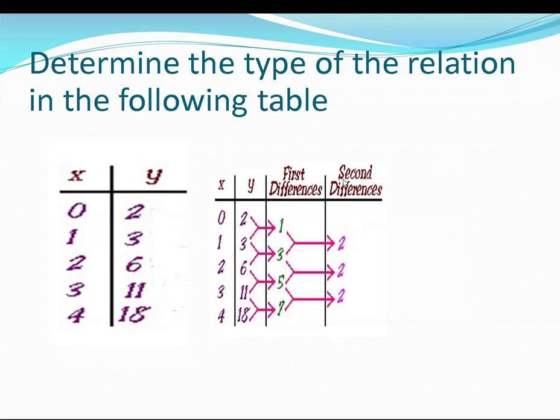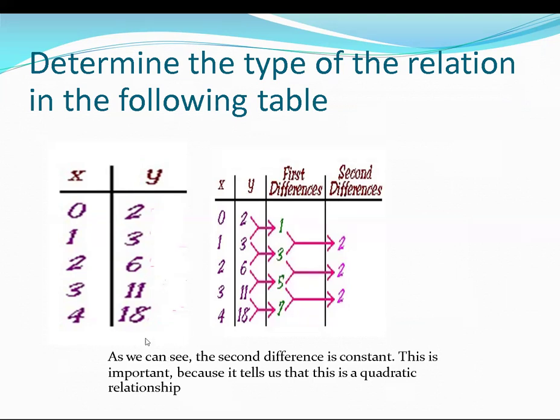But second difference: 3 minus 1 equals 2, 5 minus 3 equals 2, 7 minus 5 equals 2. It's constant. The second difference is constant. This is important because it tells us that this is a quadratic relationship.